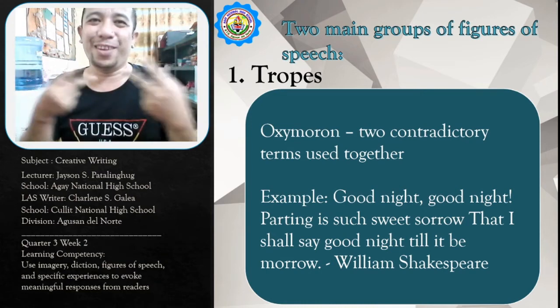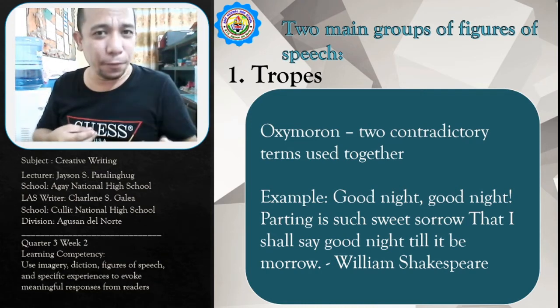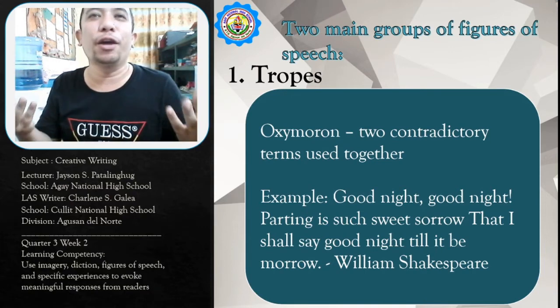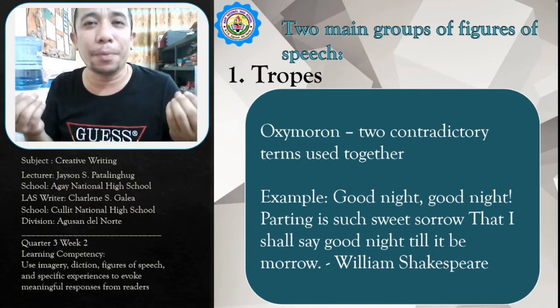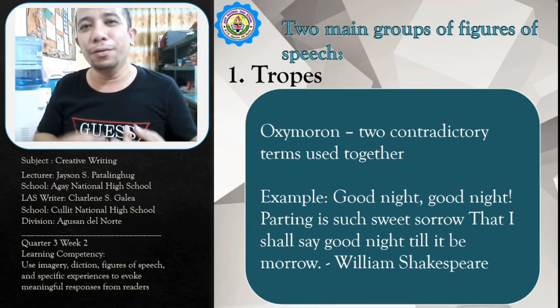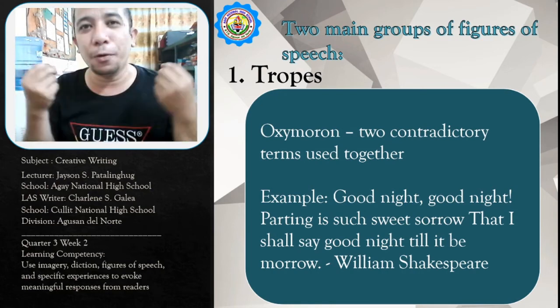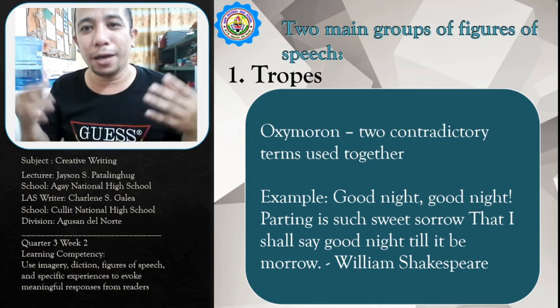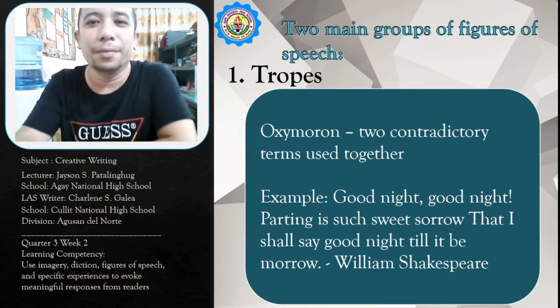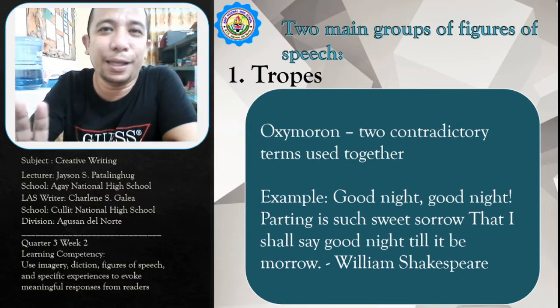Okay, that's very conflicting. I love you for your perfect imperfection. So that's an example of oxymoron. Two conflicting words used as a whole or as one. Okay, that's basically a wordplay.